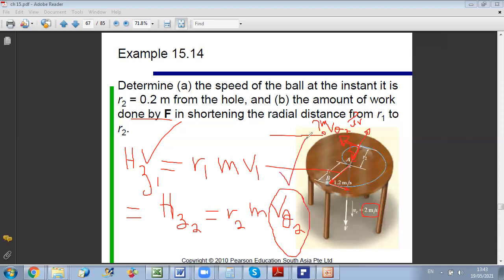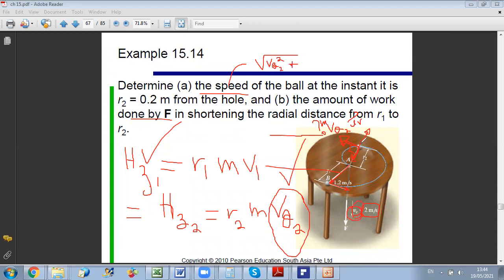So once I calculate V theta at state 2 and I know the value of VR, which is R dot, which is 2 meters per second, I can get the total velocity at the second position. So it's radical V theta square plus VC square. Okay? And now once I determine the speed at state 2, it is radical V theta 2, which I got from conservation of angular momentum, plus radial velocity VR, but we said that VR is equal to minus VC.